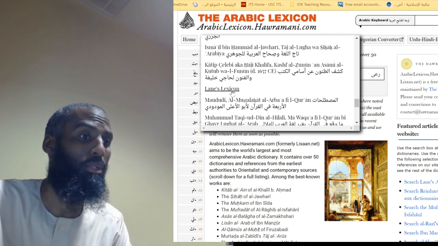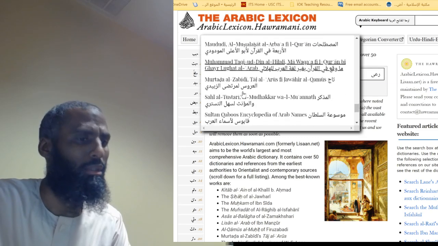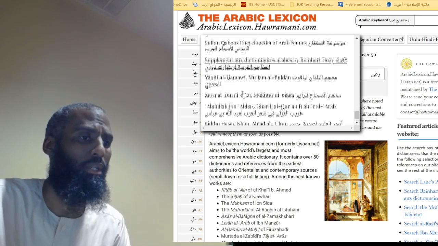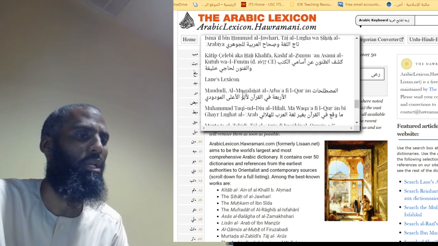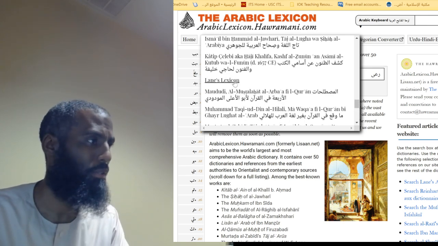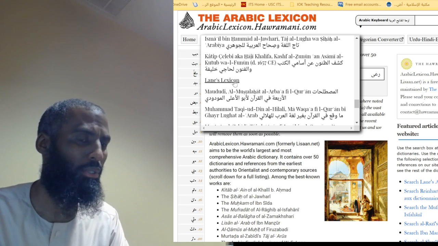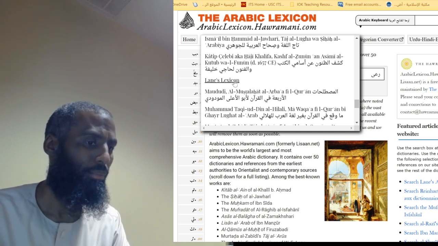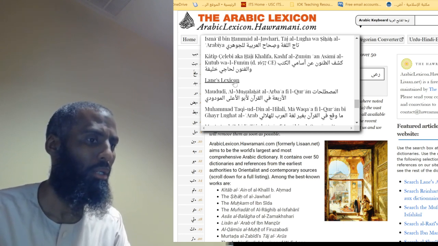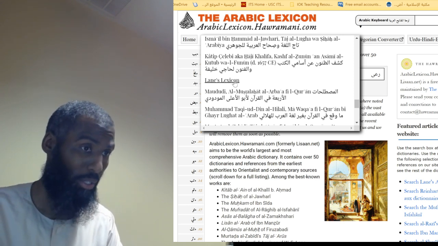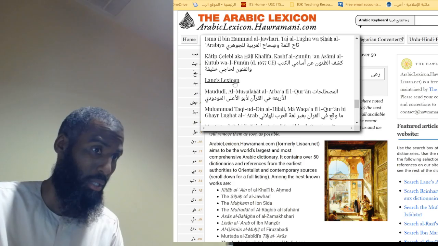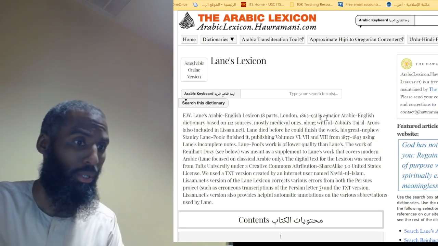That's a very good one, mashallah. I believe there are a couple more here as well that are Arabic English for you. But Lane's Lexicon is pretty extensive. It gives you a lot of information with regards to a particular word, for what you don't understand. So I'll click Lane's Lexicon, and here we go.